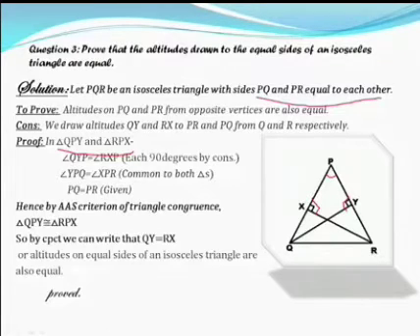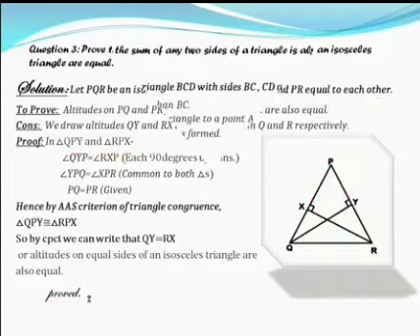Hence, our theorem gets proved that QY is equal to RX, or we can say that for any isosceles triangle, the altitudes drawn to its equal sides are also equal to each other. This is how we can prove this important theorem. Let us move on to the next.